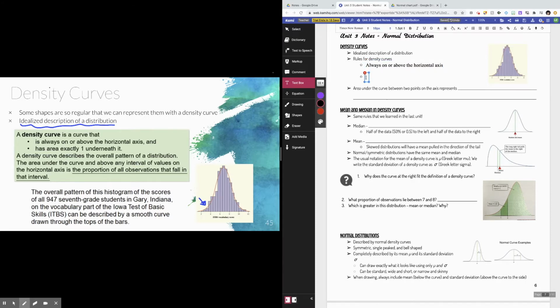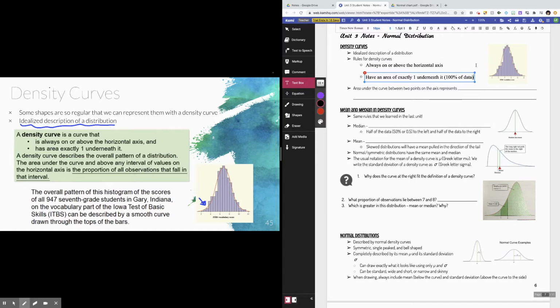And the other, bigger, more important rule is that density curves always have an area of exactly 1 underneath it. The reason for that is because it encompasses 100% of the data.